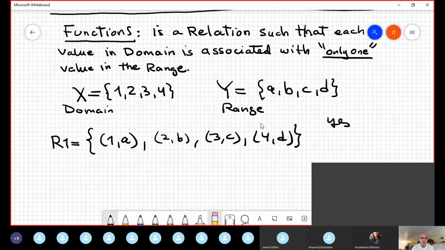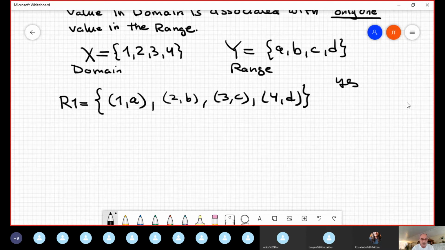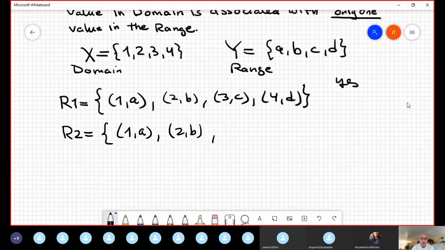But be careful, because it's confusing and tricky. Let me try another example. Pay attention. Suppose this example: (1, A) again, (2, B) again, (3, B) now, and (4, A). What do you think? Is it a function, yes or no?